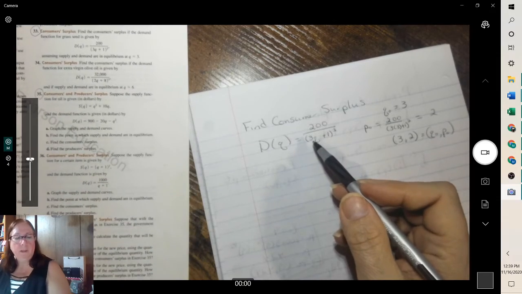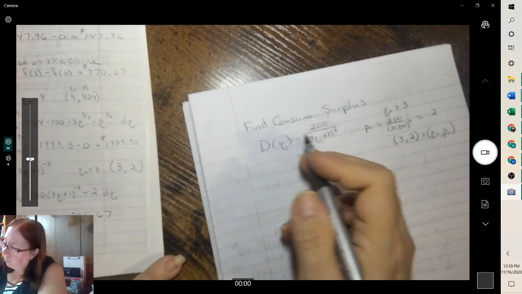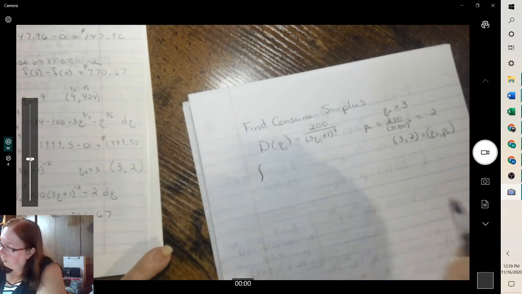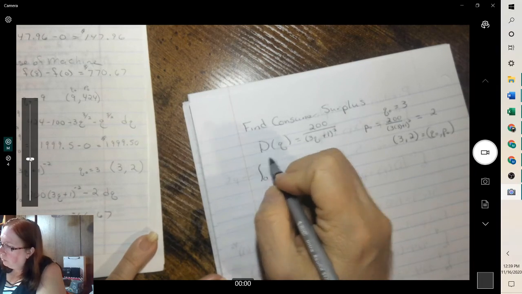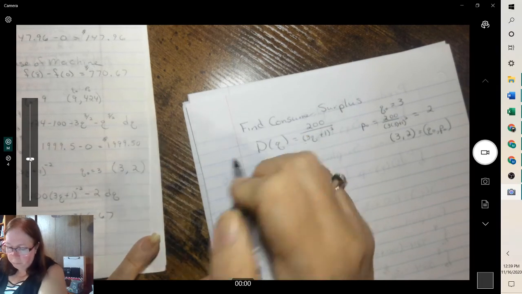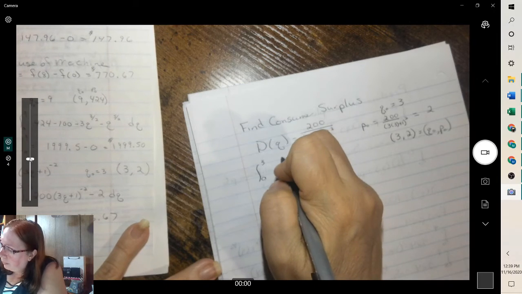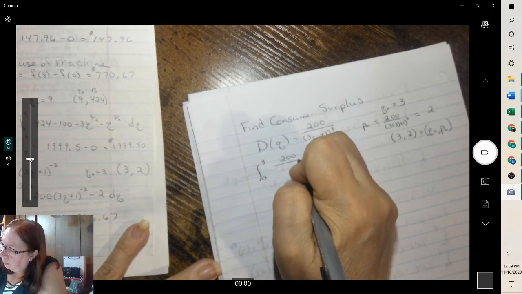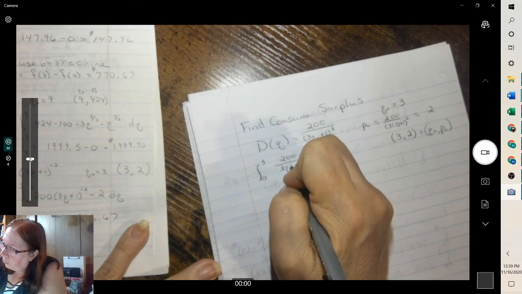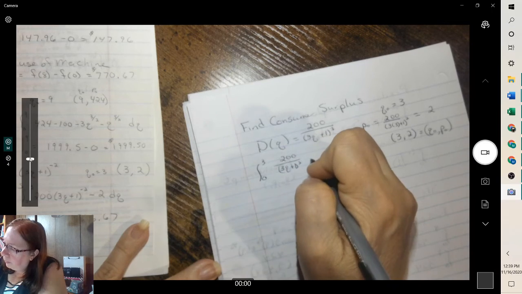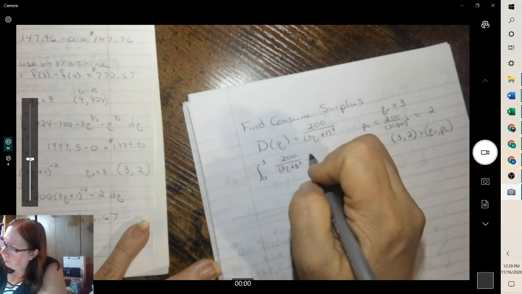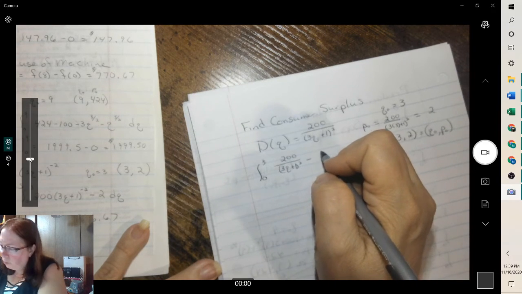Now the formula for the consumer surplus goes from 0 to Q sub 0, which is 3. But then it's the demand, 200 over (3Q plus 1) squared minus P sub 0, which in this case was just 2.